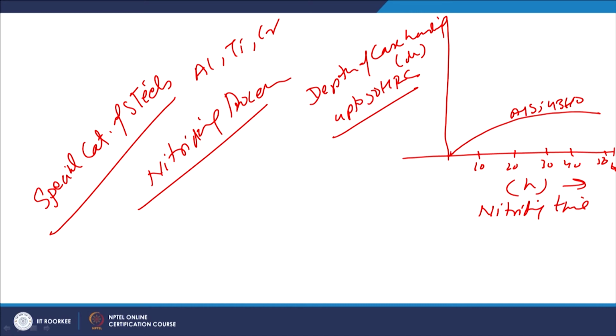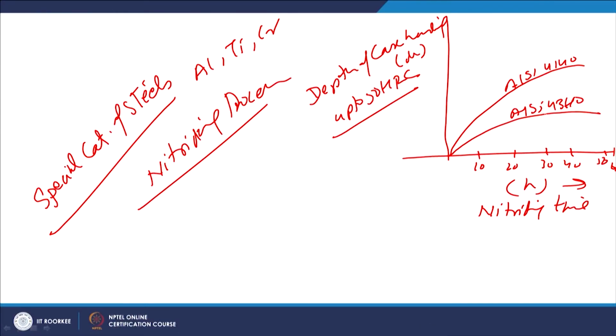Then if we use AISI 4140 steel instead of 4340, the depth produced up to the required hardness will be much better in the case of 4140 as compared to the 4340 steel, and this is attributed to the presence of a different kind of nitride forming elements which are much better as compared to the simple 4340 steel, and maybe for plain carbon steel it will go like this.